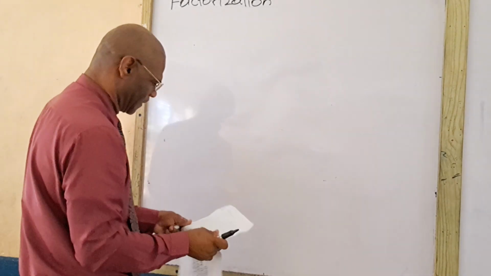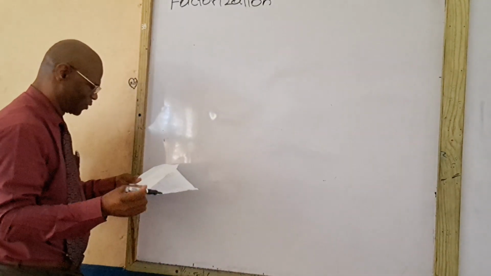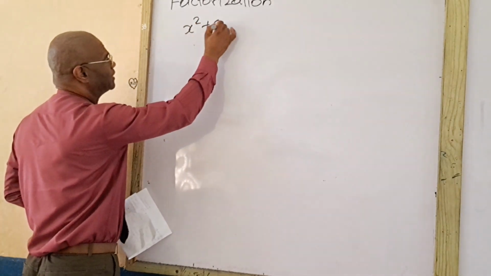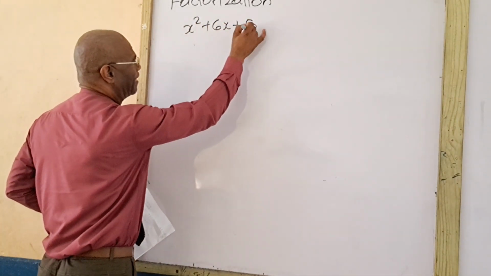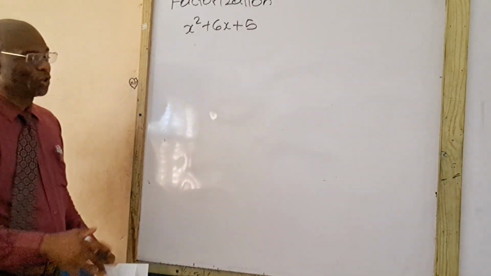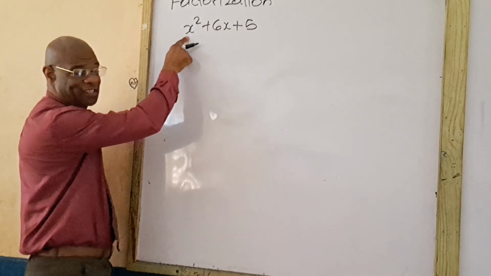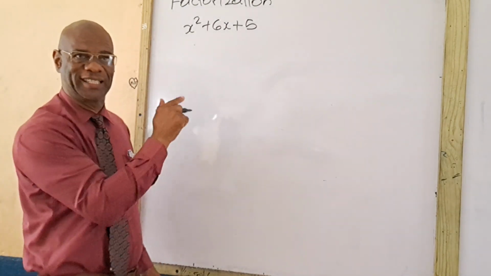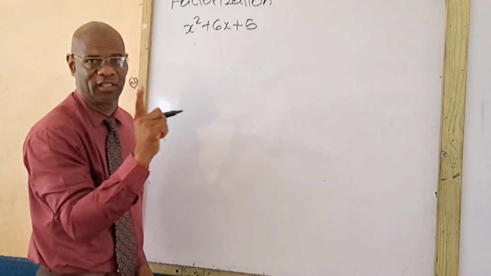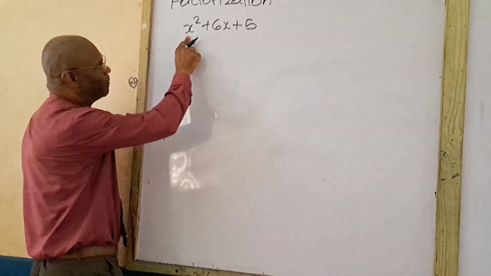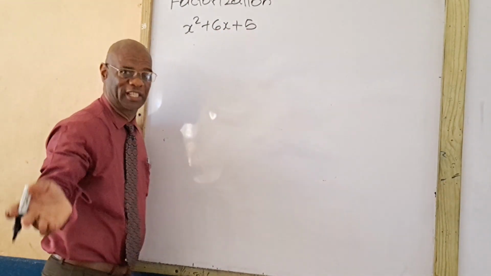We have x squared plus 6x plus 5. The ones we have done so far, you notice the coefficient of x squared is greater than 1. In this case, the coefficient is 1. So if we multiply 1 by 5, we still get 5.